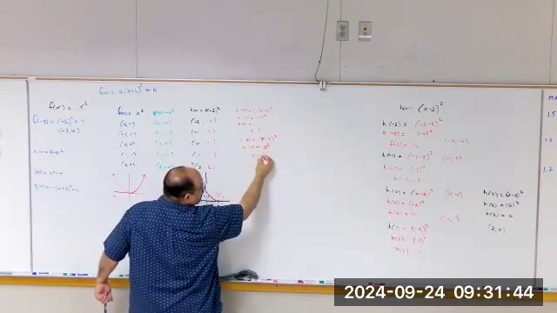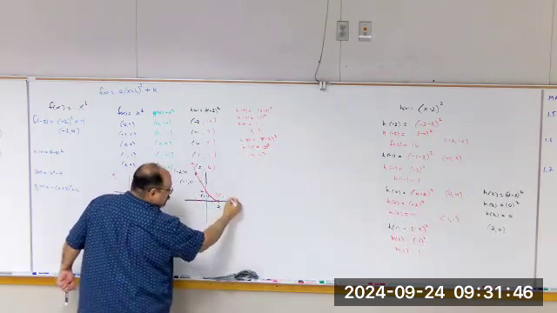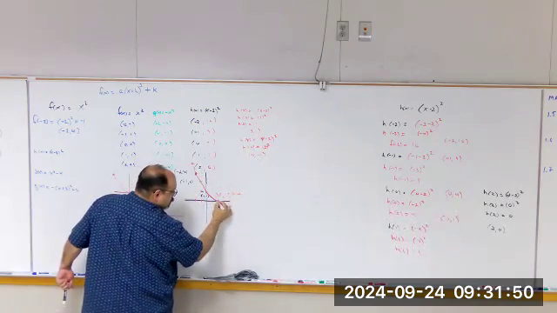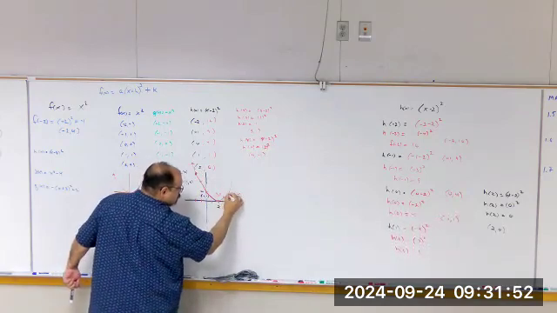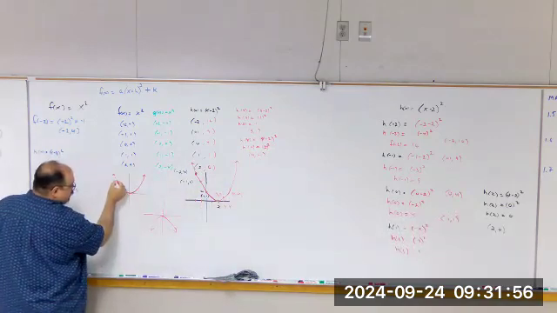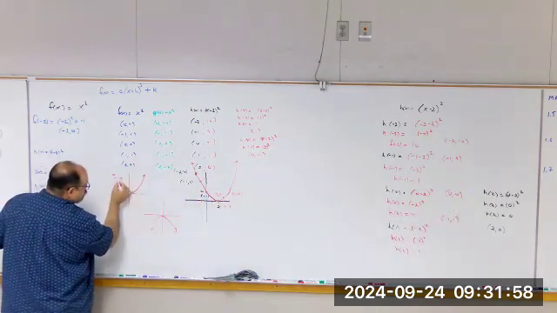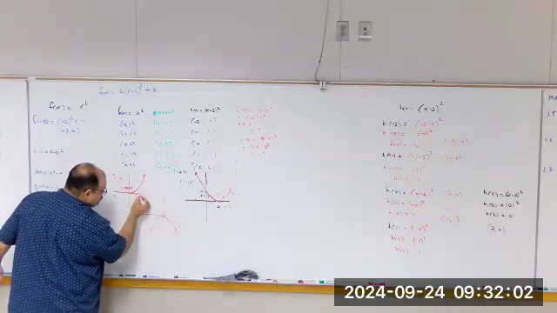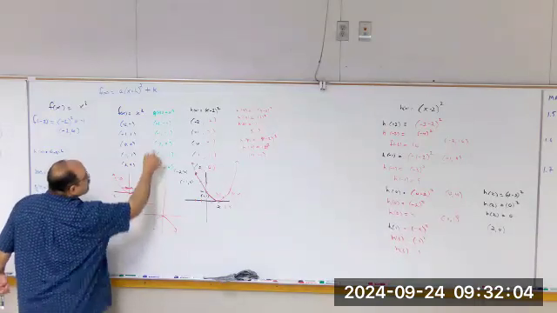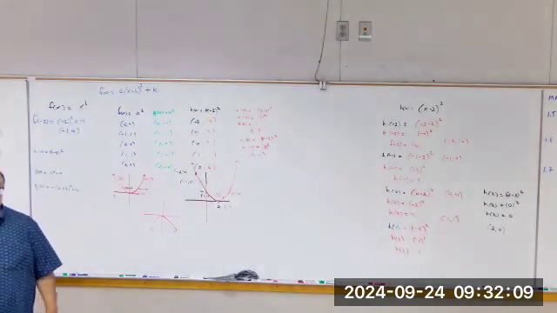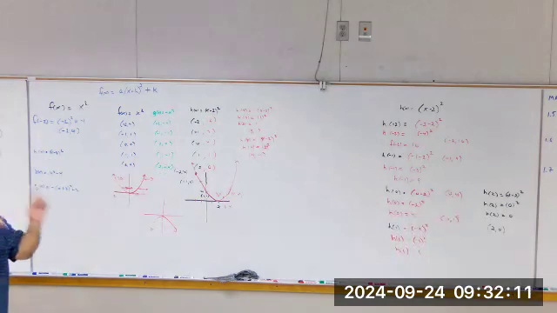So when 4 goes in, we get 4. So this graph was shifted 2 units that way because of the x minus 2. Everything was shifted 2 to the right.